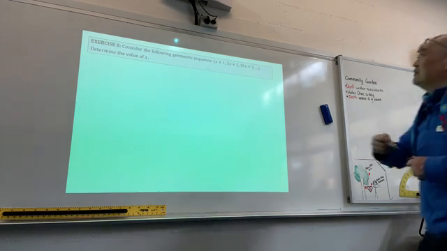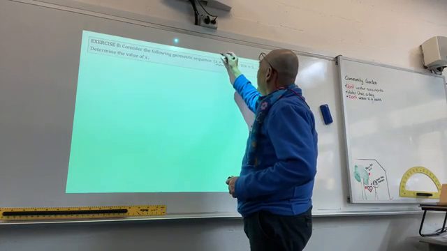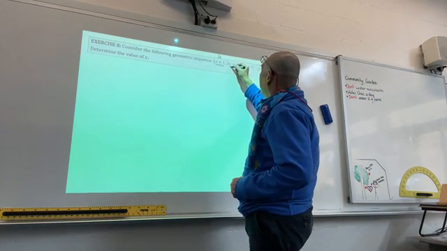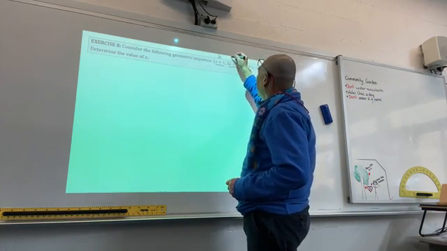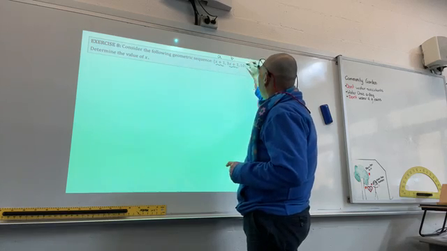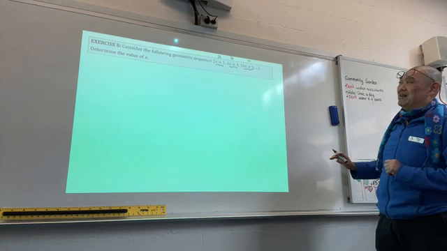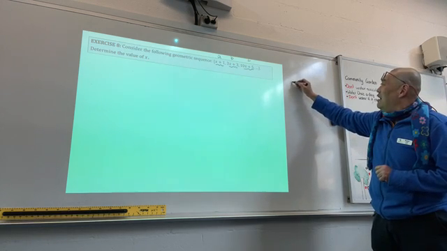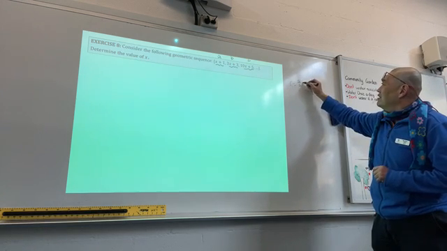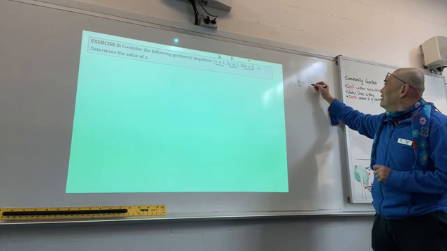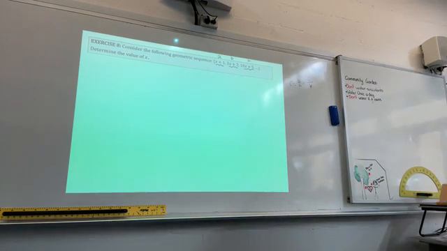If this value is A, this value is, let's say, B, and this value is C, then to find R, R equals B over A, which is also equal to C over B. That's enough hint for you to try that question.